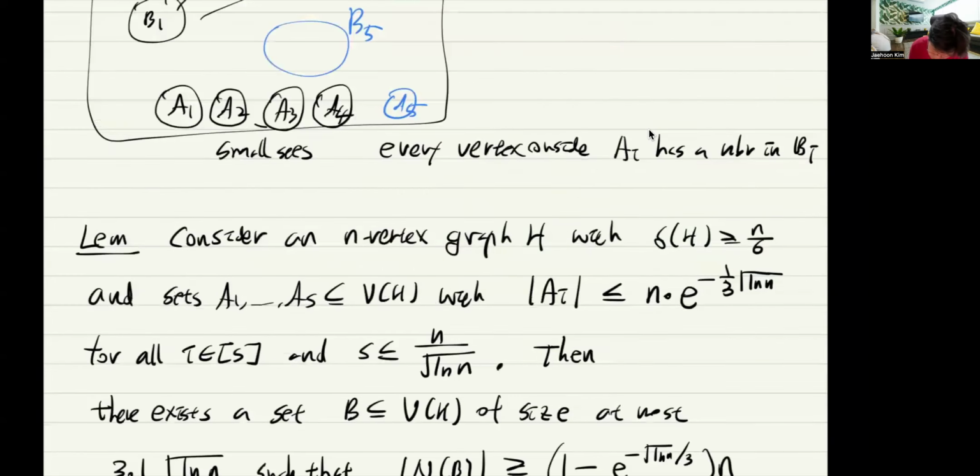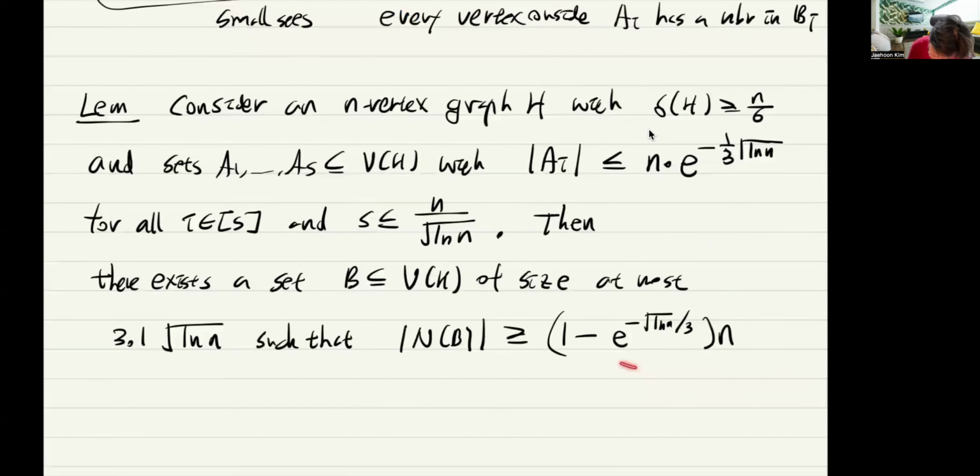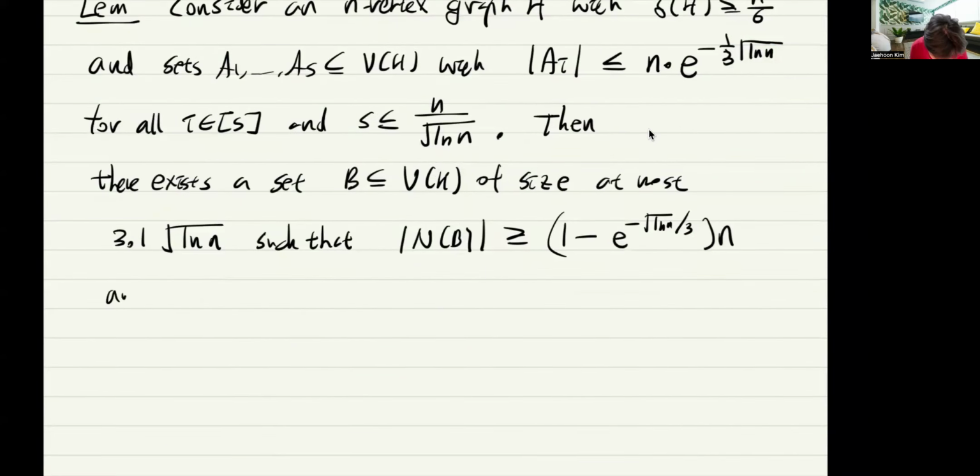So it's adjacent to pretty much everything except a very small fraction, and B minus Ai is non-empty for all i.